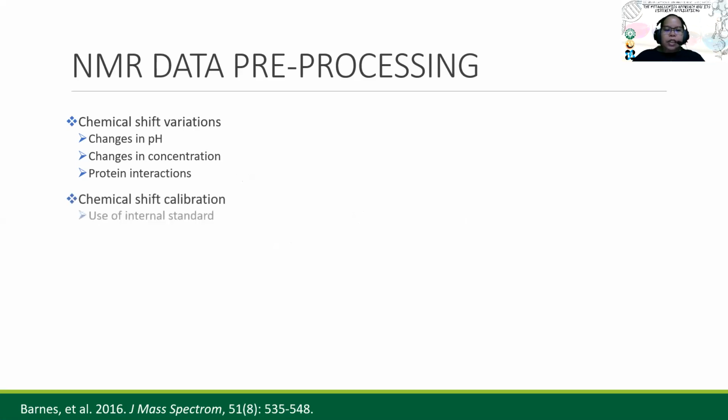This is done using an internal standard. For example, your internal standard will have a peak at 0 ppm, so you can adjust the chemical shift of that particular compound to 0 ppm, and that will help align or calibrate the rest of your spectra.